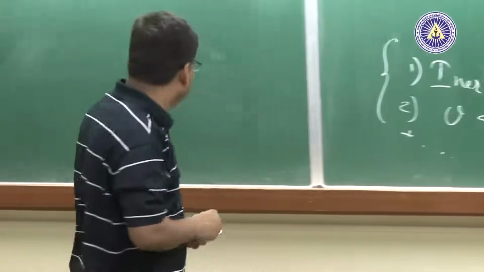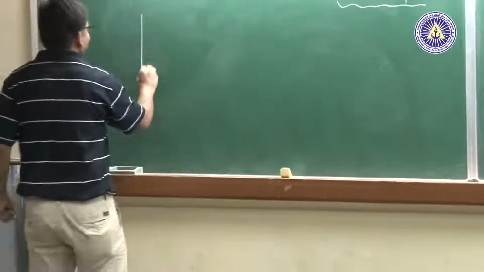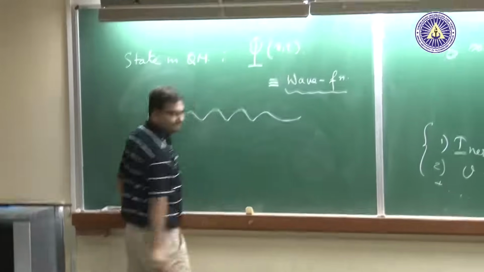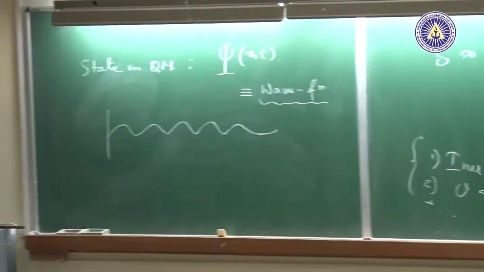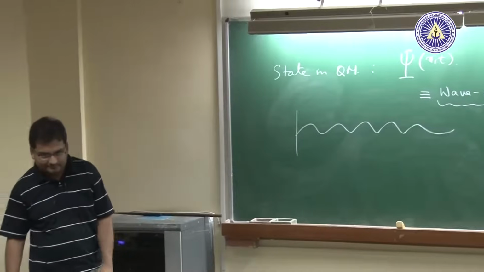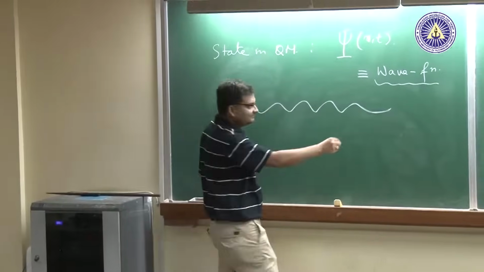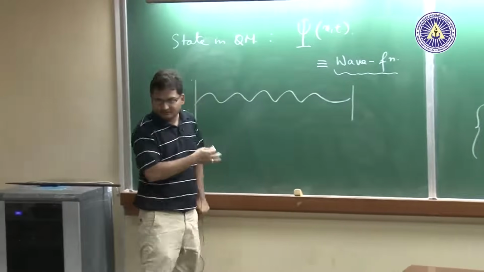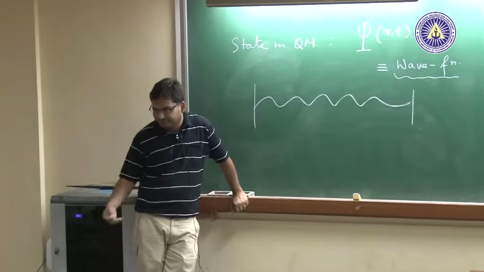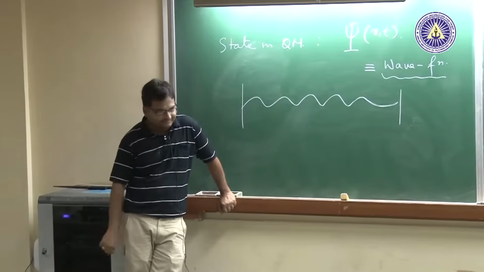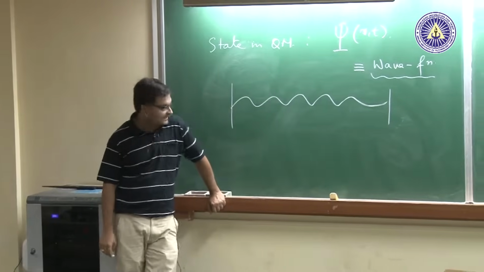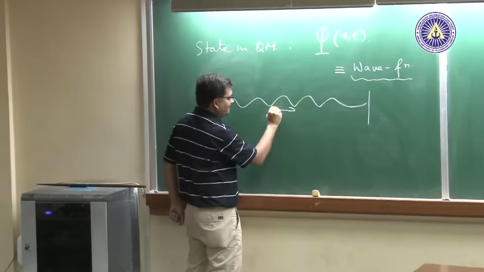I have a nice wave, can I specify the position or not? The wave is everywhere, no? So I cannot really specify its position with great accuracy, but I can definitely specify its wavelength.